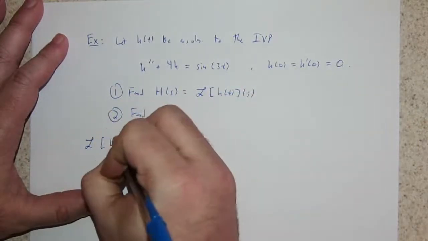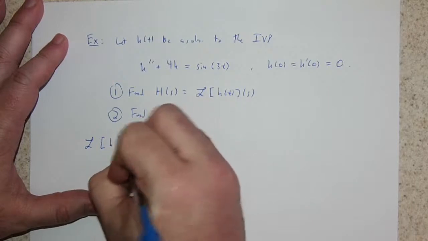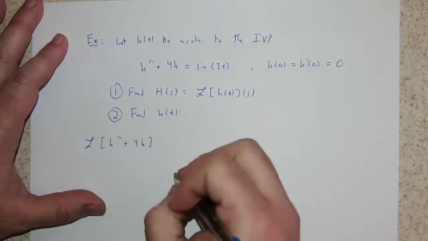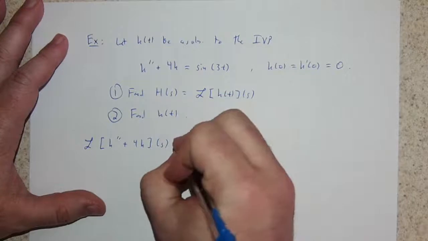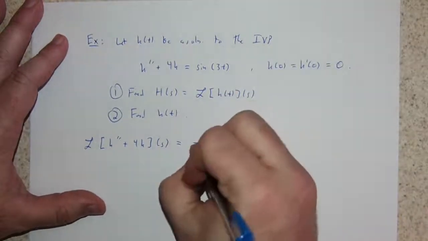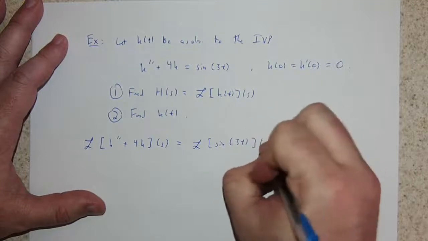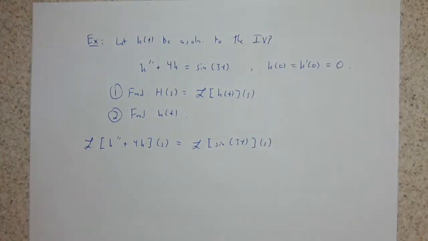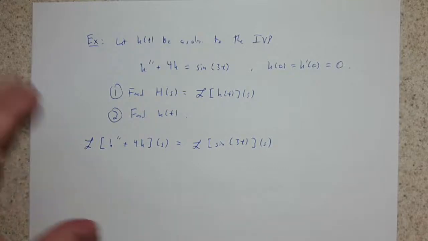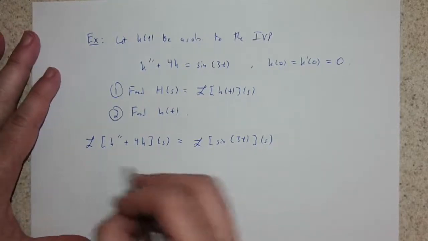So this is the Laplace transform of h double prime plus 4h, of s, and that is equal to the Laplace transform of sine of 3t, of s. All right, so how does this go? First of all, I use linearity.